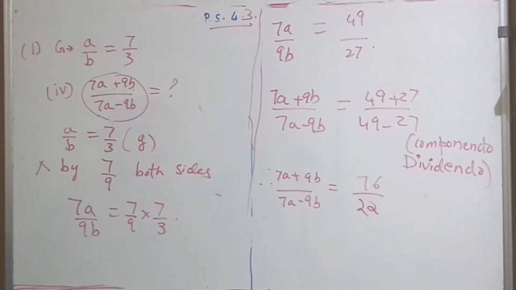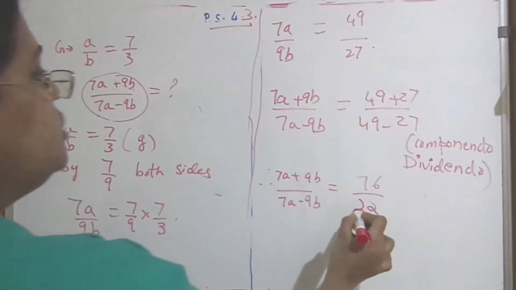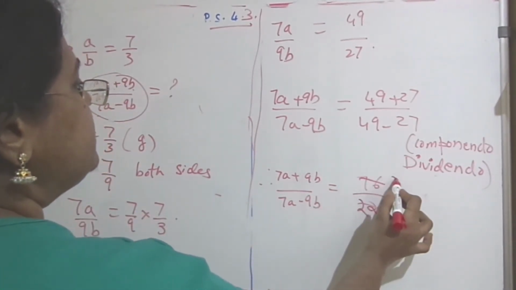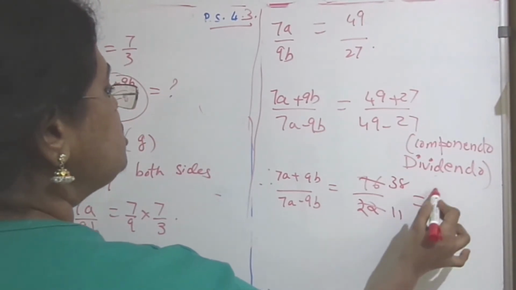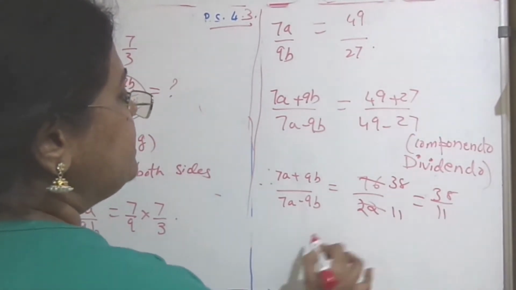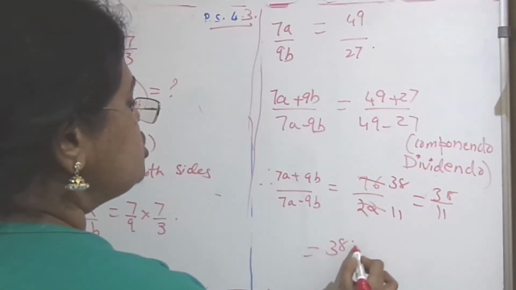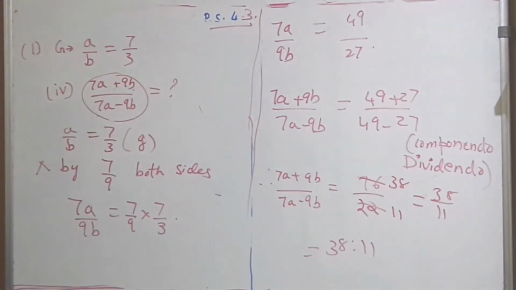You can further make it smaller: 2 11s are 22, 2 38s are 76. Now nothing more will go. So 38 upon 11, that is 38 is to 11. This is the final one. So practice set 4.3, we finish this.